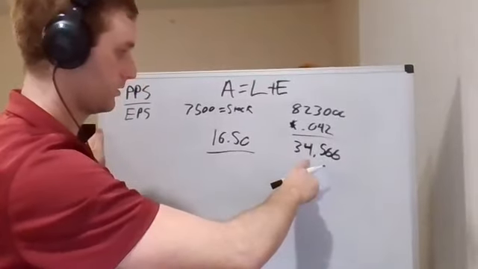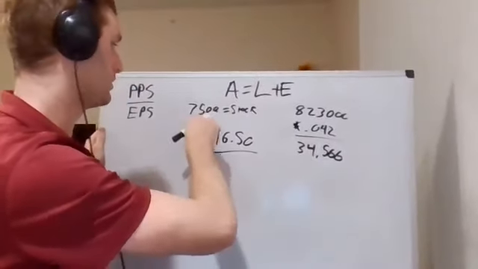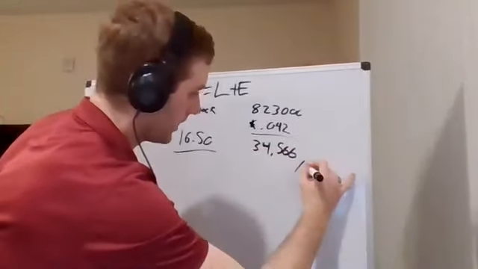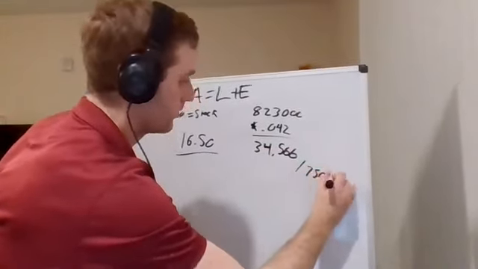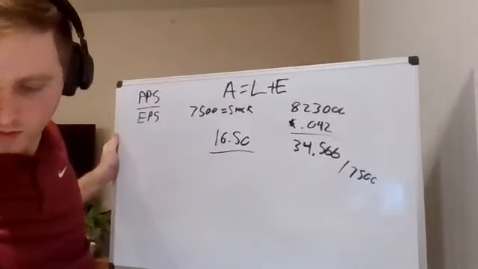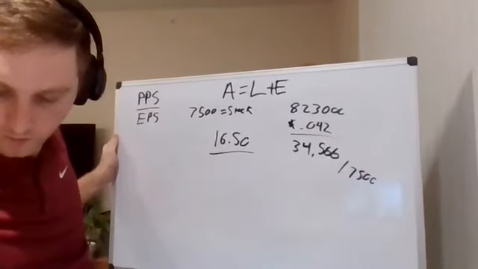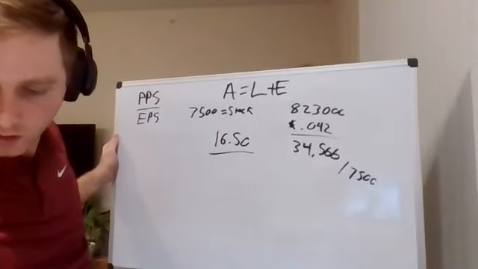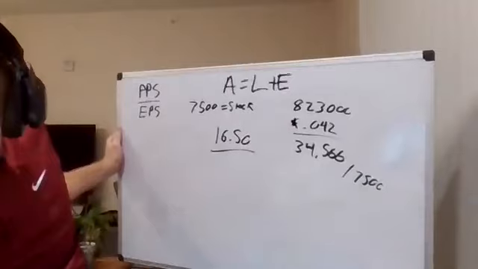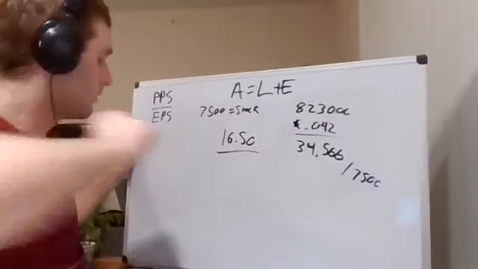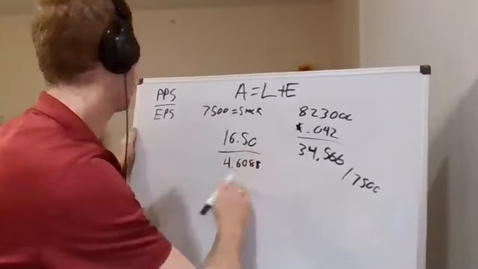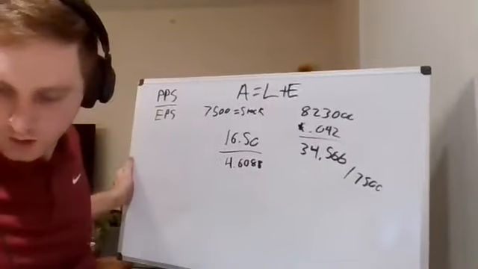It's our total earnings. So I want to figure out how much we get per share. We just take that and divide it by our shares of stock, 7,500. So 34,566 divided by 7,500 equals 4.6088. That's our earnings per share.